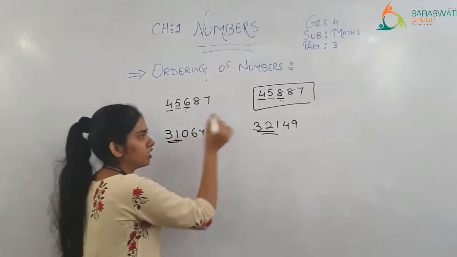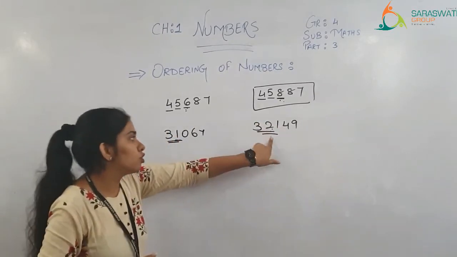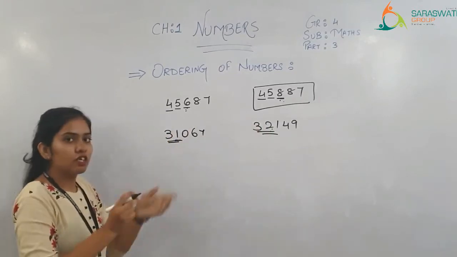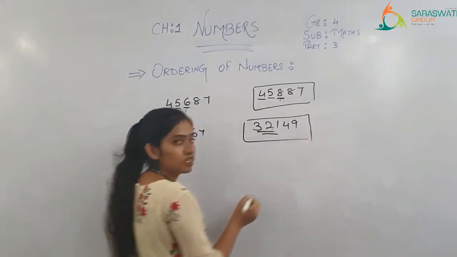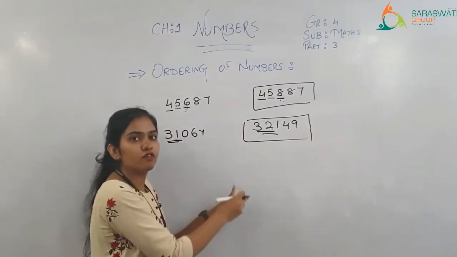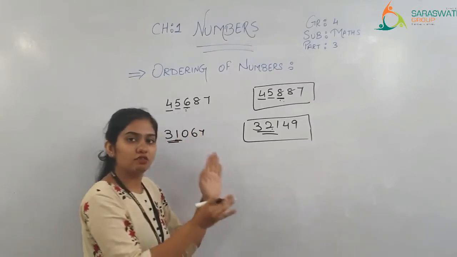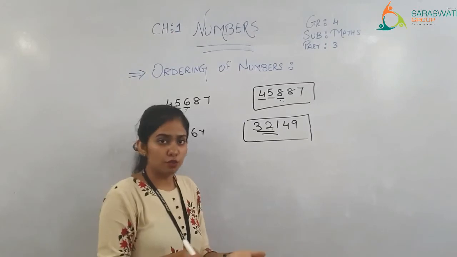So here it is 1, here it is 2. So you will come to know that 2 is bigger than 1. So this value itself gets bigger. Right? So students, in this way you have to identify which value is greater, smaller or equal to.